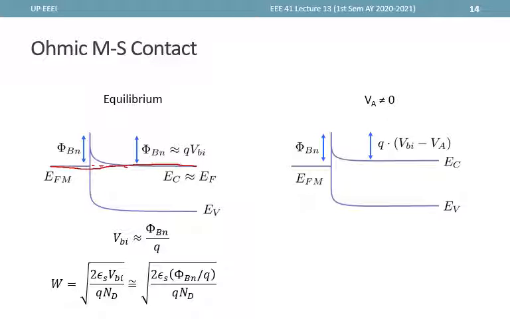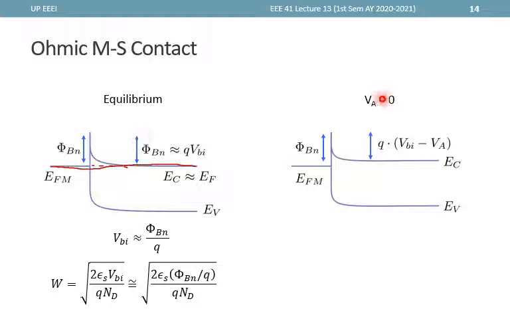Here we can see that the barrier is still actually rectifying, but since the semiconductor is so heavily doped, so ND is very large, then W tends to be very small. Also, Phi Bn is now approximately equal to q VBI. Since EC is approximately equal to EF, the bending here should be approximately equal to this one, VBN.